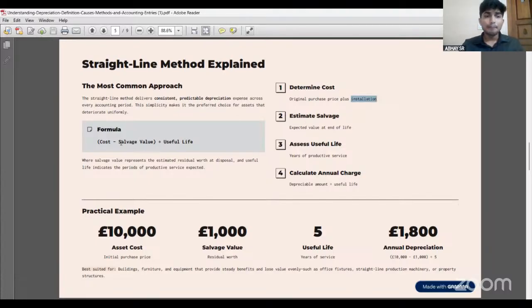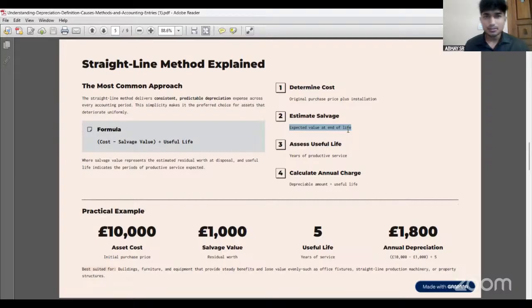Then minus salvage value. I hope you know about the salvage value. So what is salvage value? Let's consider I'm buying machinery for producing a product. I have installed it and kept it in my factory, and it works for 10 or 20 years. After 20 years, the machinery is not good for use.